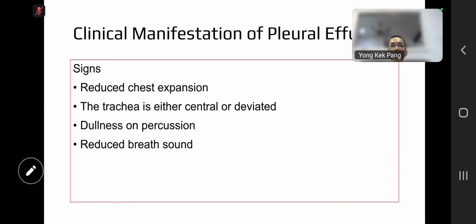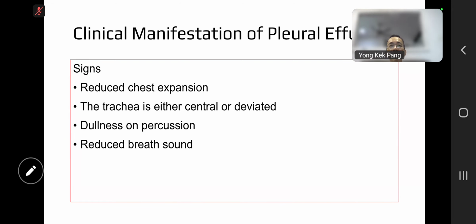The trachea is usually central, unless the patient has a very significant or massive pleural effusion, where the trachea might be pushed to the contralateral side. Or if the patient has concomitant TB with lung fibrosis, then the trachea might be deviated to the ipsilateral side.